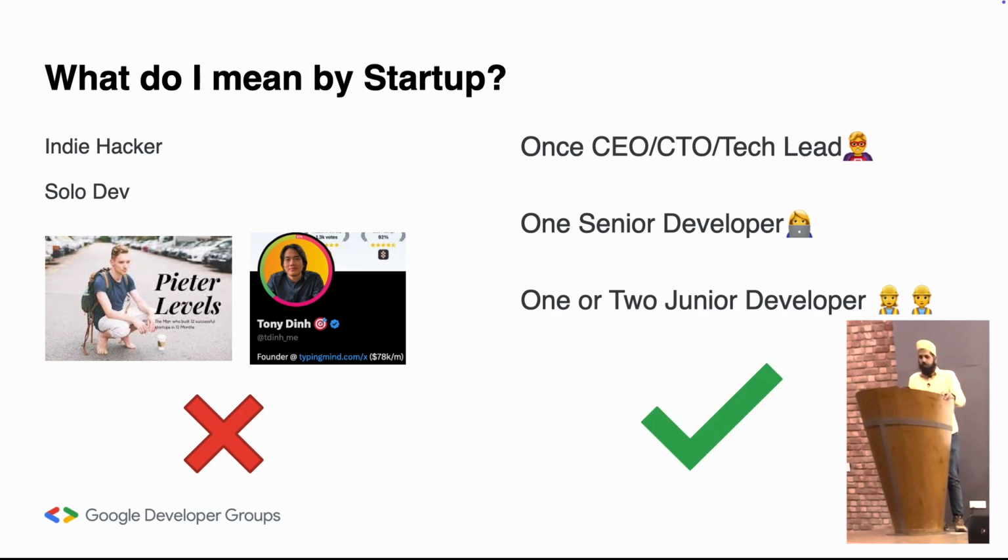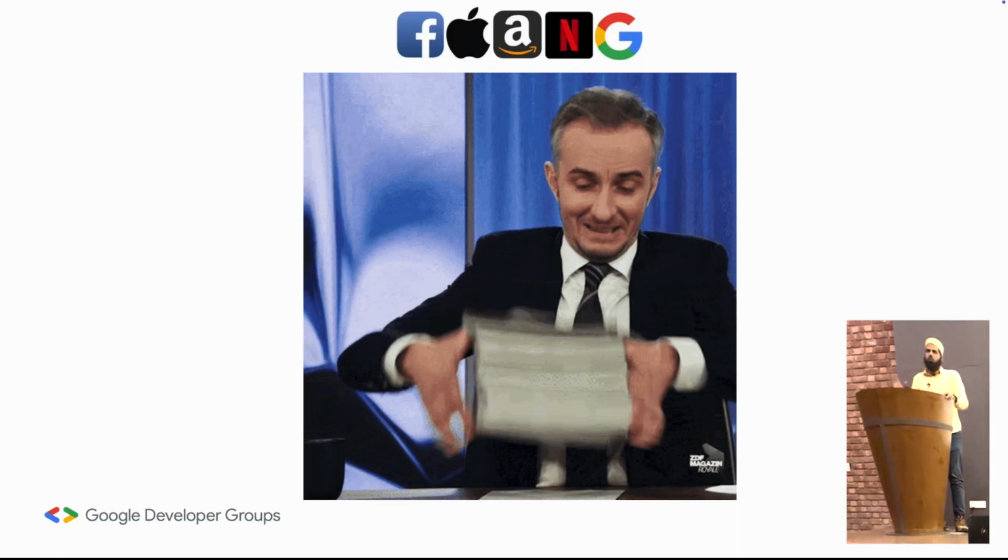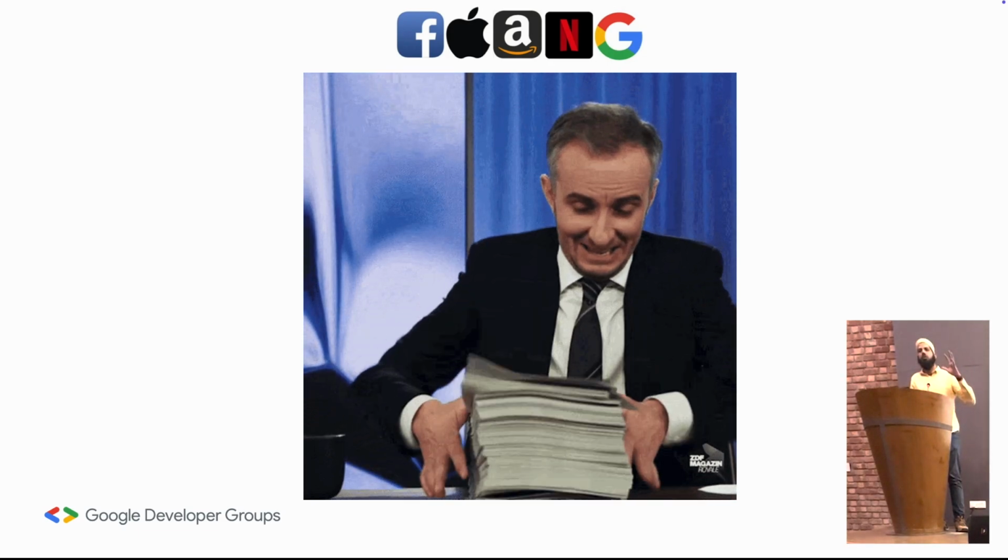So yeah. Now one thing you need to realize is why these are two different guides, because the way FAANG operates and the way a startup operates is very different. The first difference is that when you go to a FAANG, there would be a lot of processes, communication and documentation. You have to go through a lot of guidelines.